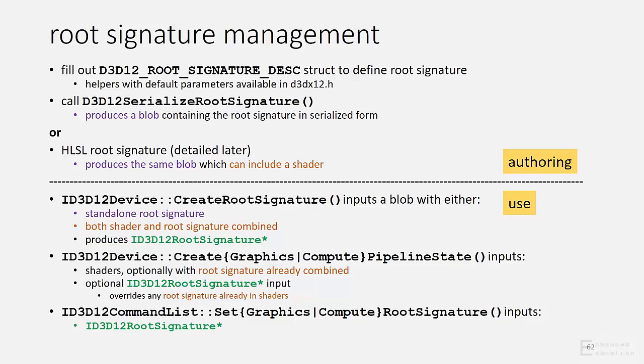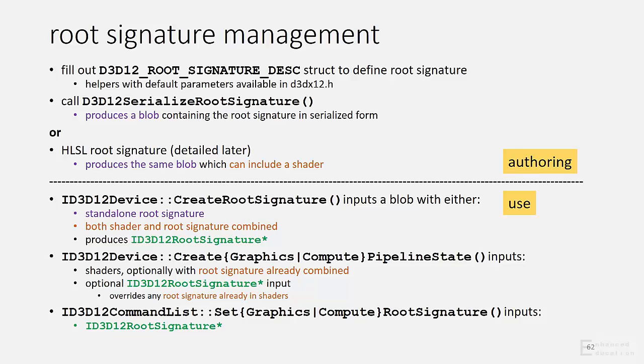So when it comes time to use the root signature, the first thing you do is you call create root signature, and that can take in either a standalone blob or a shader with a blob, and what you get out is an ID3D12 root signature interface. And that's what you later on set on the command list when you want to define the current argument space.